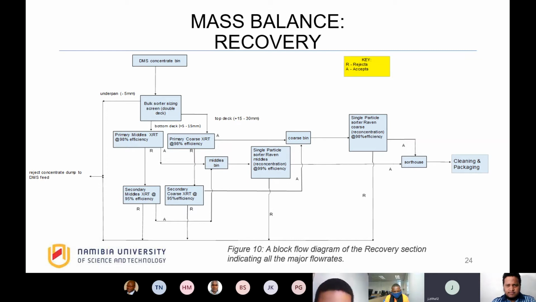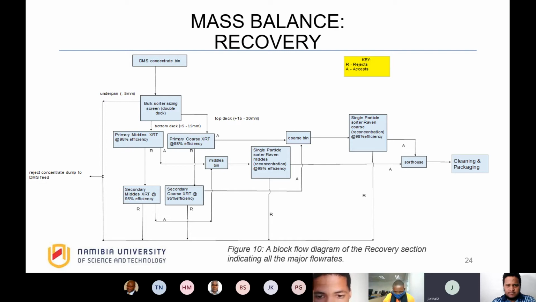The accepts from the two secondary machines will join the other diamonds in the middles bin and the coarse bin respectively. From your middles and coarse bins, your diamonds will then go to your single particle sorter, and since single particle sorters work in a range of about 97 to 98% recovery, they will recover most of the diamonds.